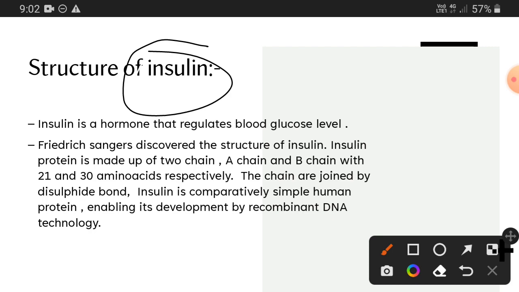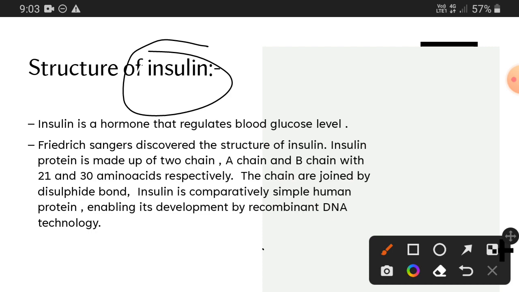In earlier times we were using the insulin of other animals, but there are chances of allergic reaction, transmission of infection, and some ethical issues too. After the development of recombinant DNA technology, scientists thought that they could make insulin artificially with the help of RDT, as at that time Frederick Sanger had already described the entire structure of insulin.